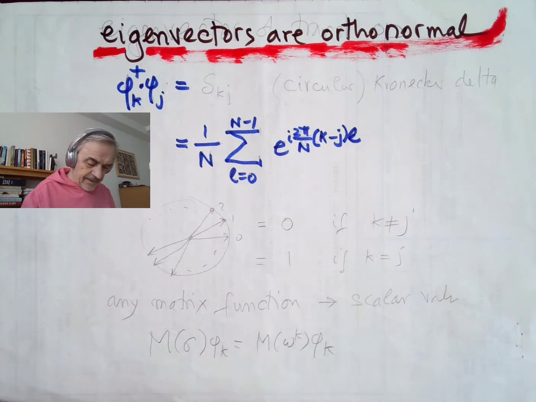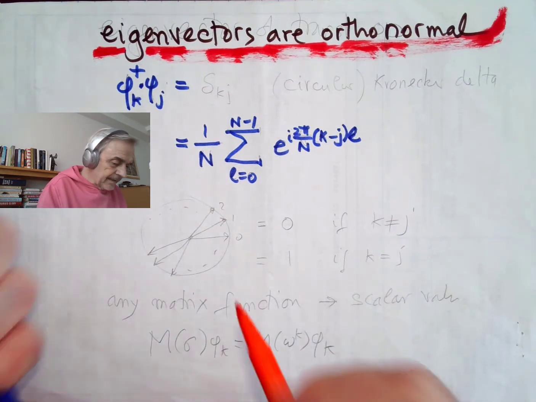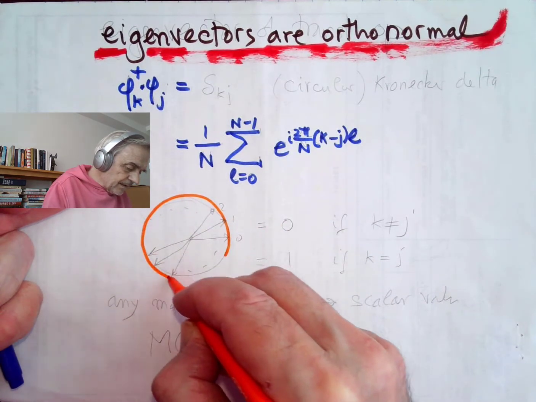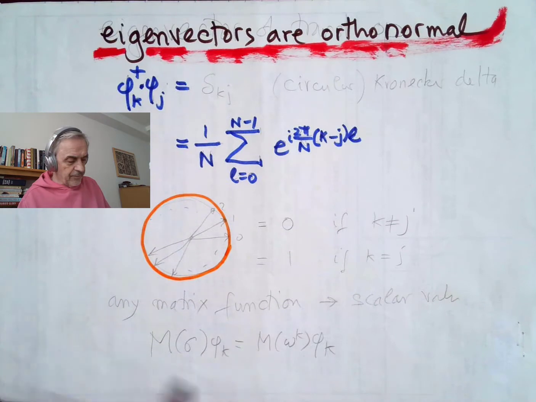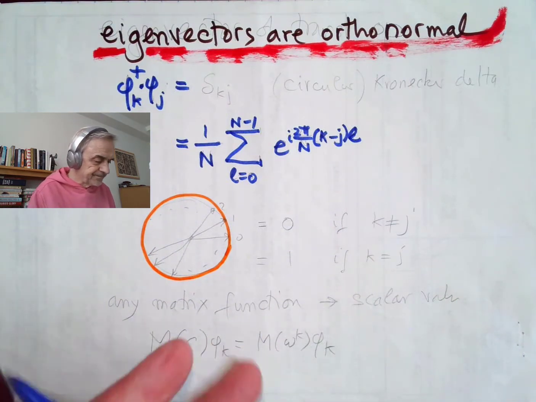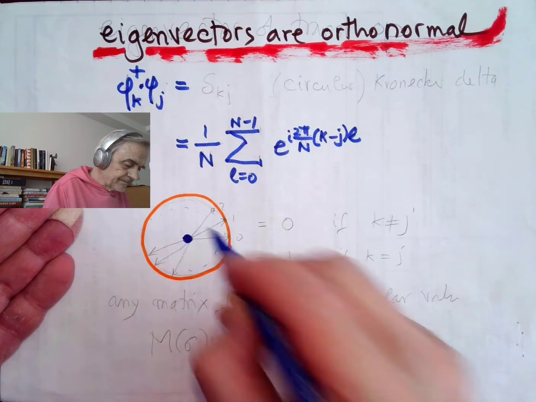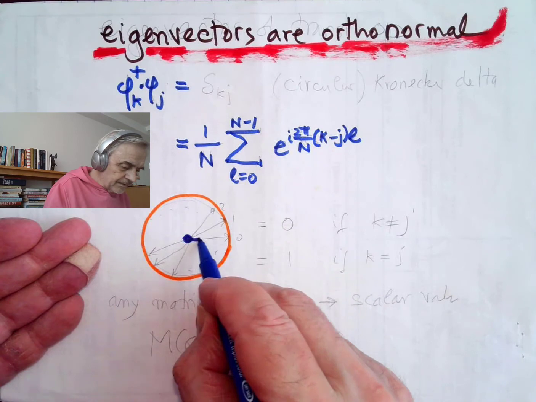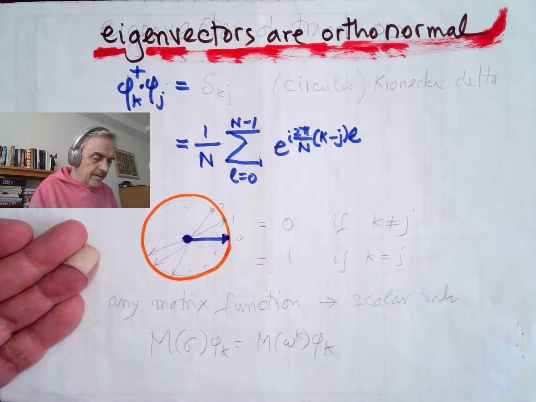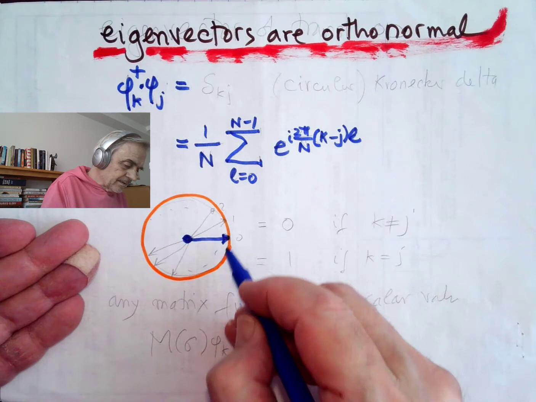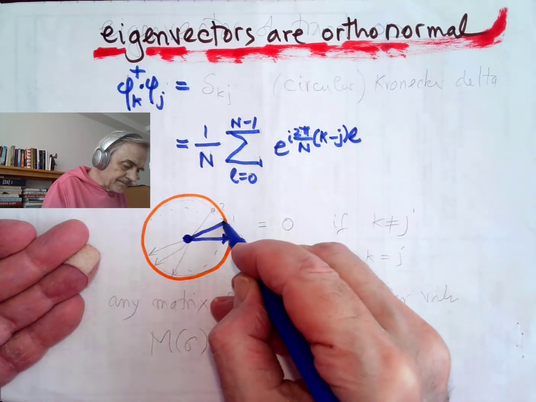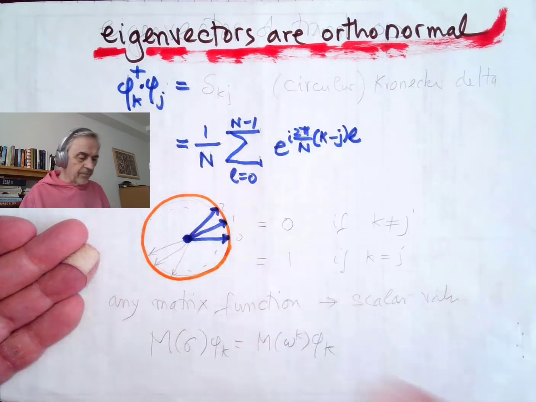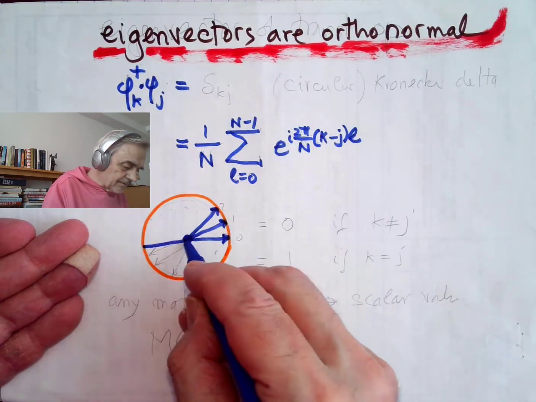Now what is this? It's very easy to understand what this does in the Gauss complex plane. These are roots of unity, so there is a unit circle. And the first eigenvalue lambda 0 is a real number 1. The second eigenvalue, multiplied by something, doesn't matter, is this. And what this sum does is it goes through all possible eigenvalues and adds them up.